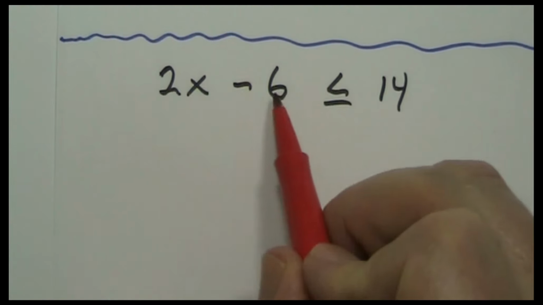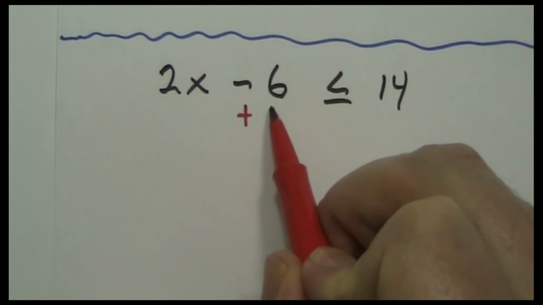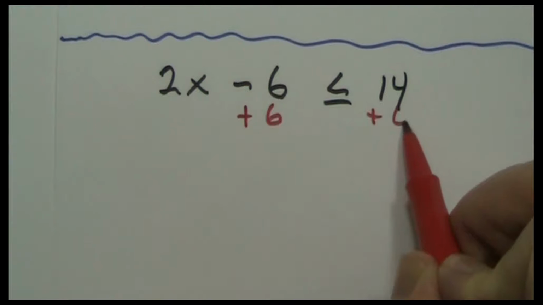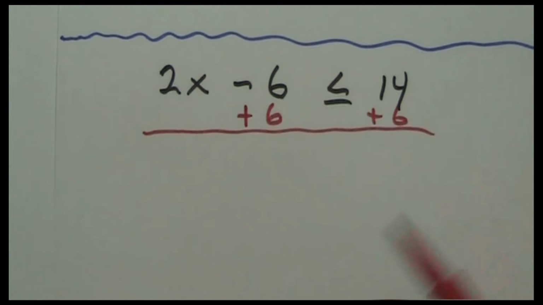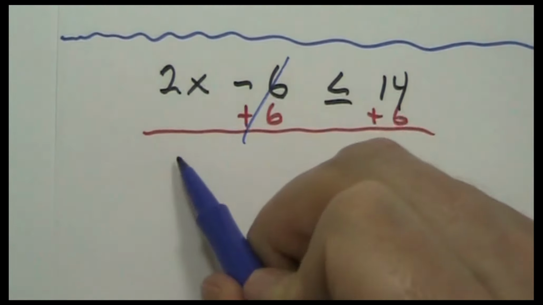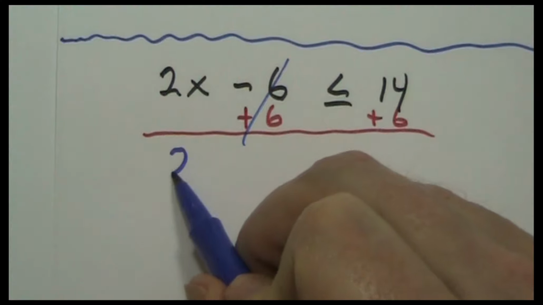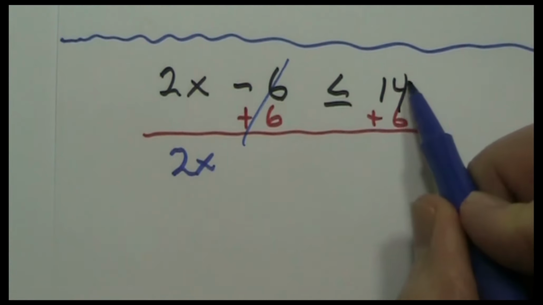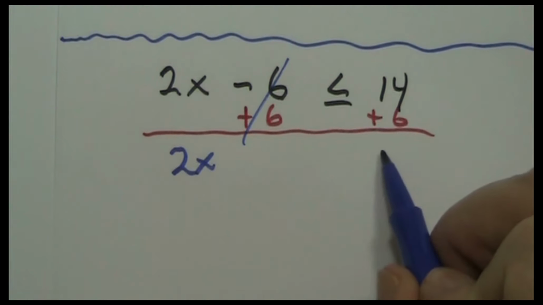So to get rid of -6, okay, this is 0, and you are left with just 2x. And 14 and 6 makes 20.